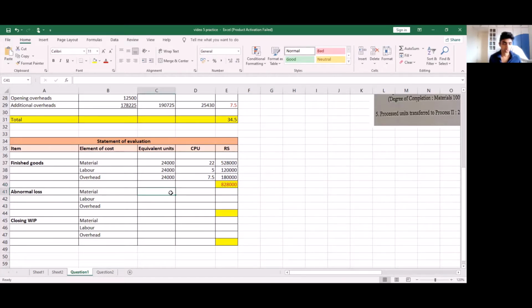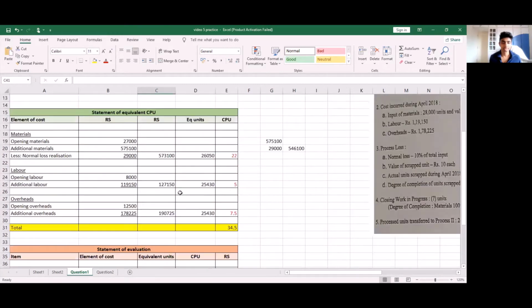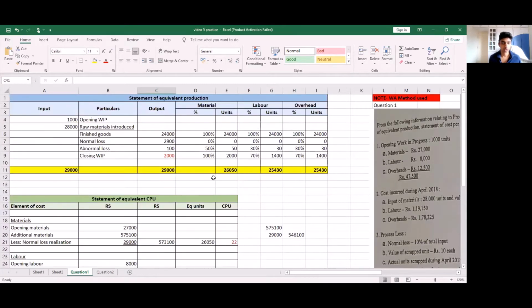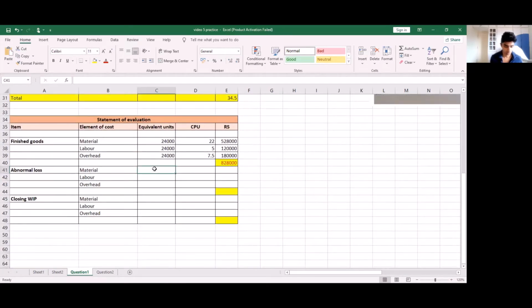Now for our abnormal loss, materials, labor, and overheads have the equivalent production units of 50, 30, and 30. So let's write this here, 50, 30, and 30. Our cost per unit will be the same, which is 22, 5, and 7.5. We will multiply these. So we have 50 into 22, which is 1,100.